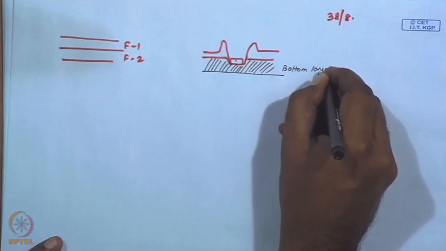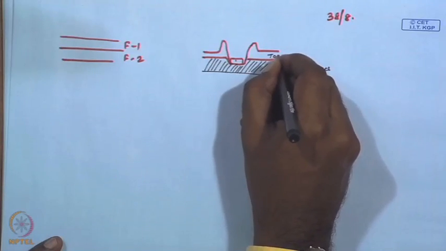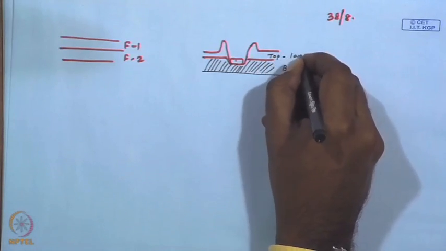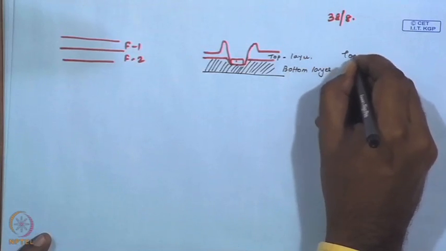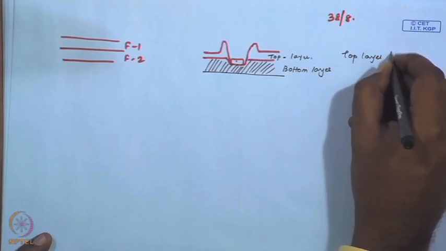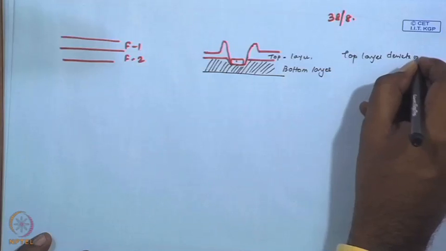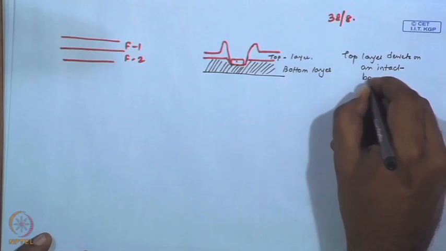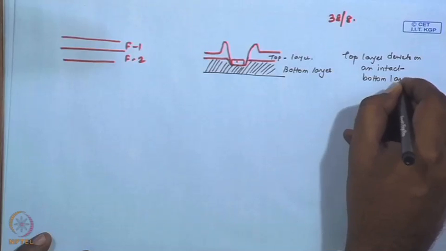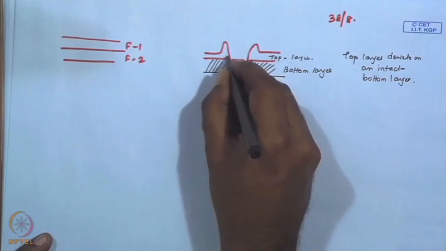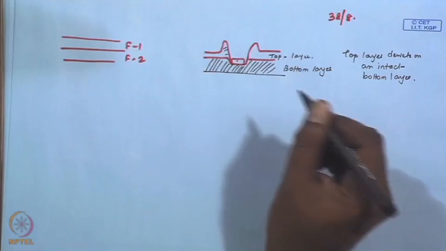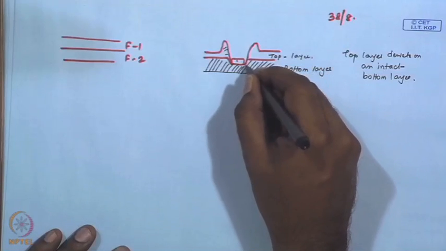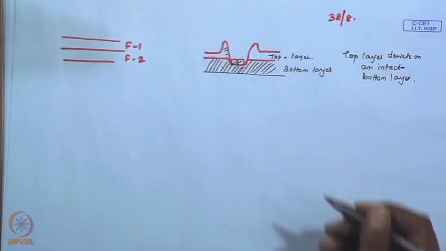There is always a possibility, and this particularly happens if the top layer dewets on an intact bottom layer, that the rim penetrates into the bottom layer. Since the rim now penetrates into the bottom layer, the dynamics become sluggish.